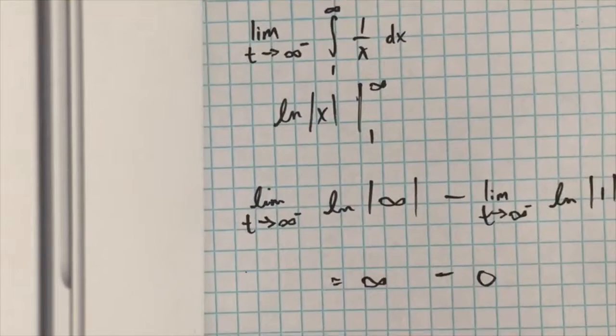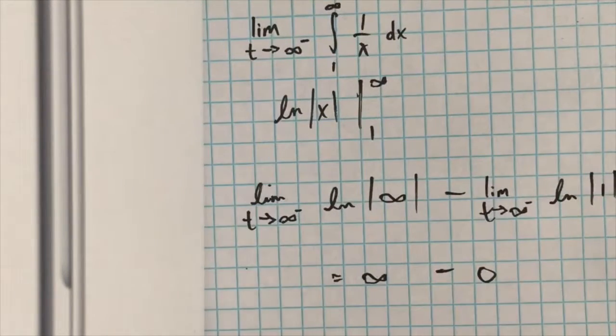Since the area is not finite, number 2 is a divergent improper integral.